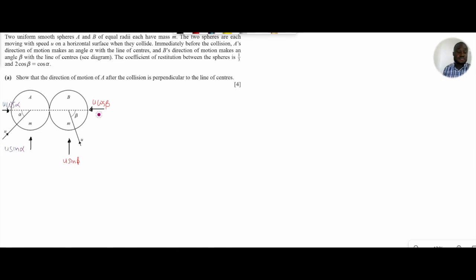Now these speeds are related. Before we go ahead, let's take VB to be the speed of B along the line of centers after the collision, and let's take VA to be the speed of A along the line of centers after the collision as well.